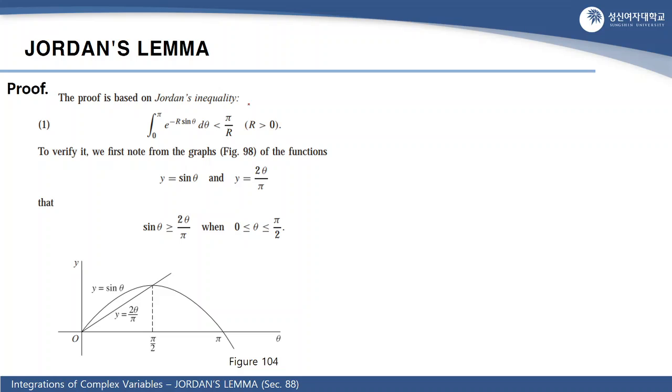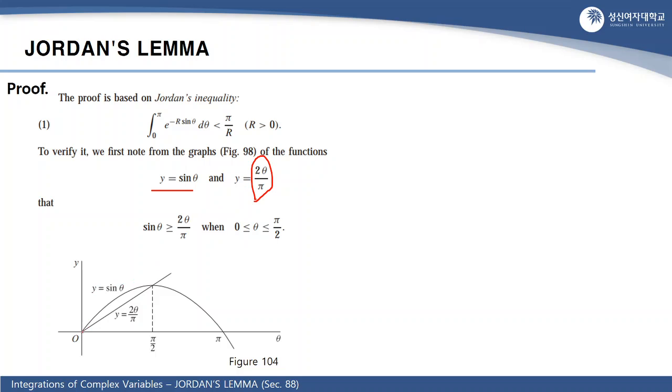We are going to start by graphing two functions on the Cartesian plane: y equals sine theta and y equals 2 theta over pi. 2 theta over pi is just a straight line going through the origin.